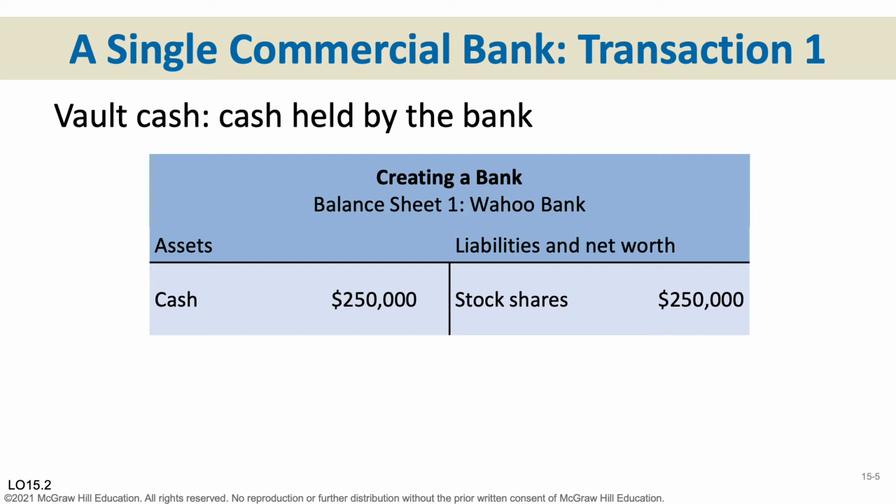Those stock shares represent the net worth. A lot of accounting classes call that owner's equity. It's just the value of the firm to the owners. So those stock shares are our net worth, and the cash that we sold those shares for is an asset. We can use that cash to start building or opening our bank.